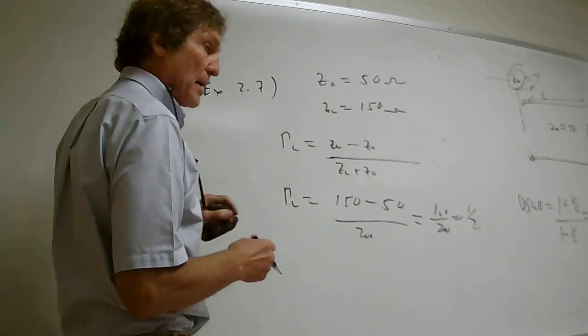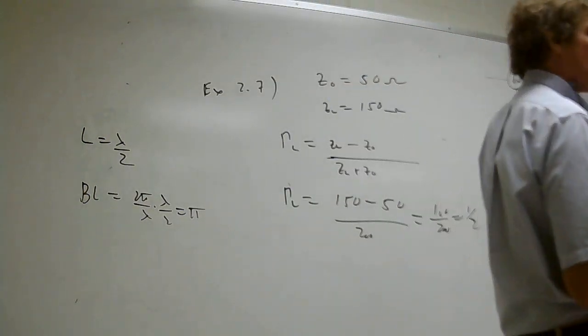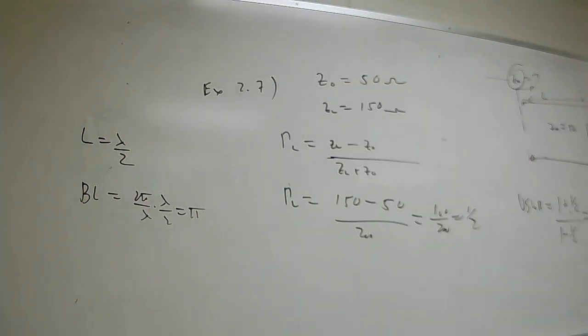What's the tangent of pi, the tangent of 180 degrees? 0. That means the input impedance, well, these two terms go away. It's just ZL.